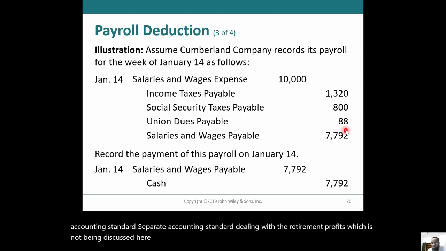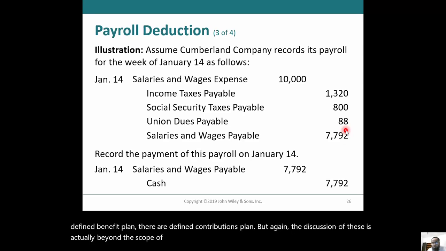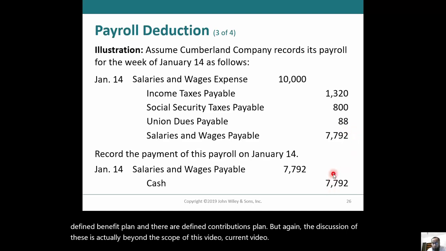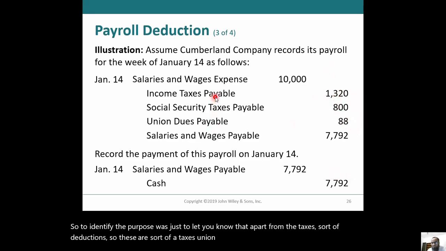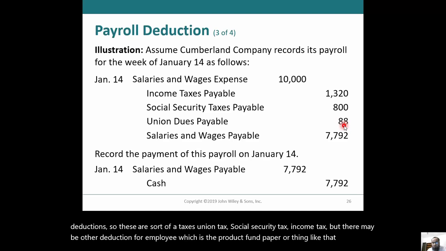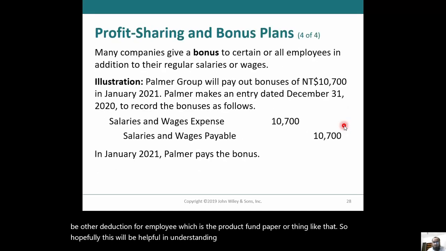Superficially, there are two types of retirement benefits: defined benefit plans and defined contribution plans. But the discussion of these is beyond the scope of this video. The purpose was just to let you know that apart from the tax deductions, such as union dues, social security tax and income tax, there may be other deductions for the employee, such as the provident fund payable. So hopefully this will be helpful in understanding the basics of current liabilities.